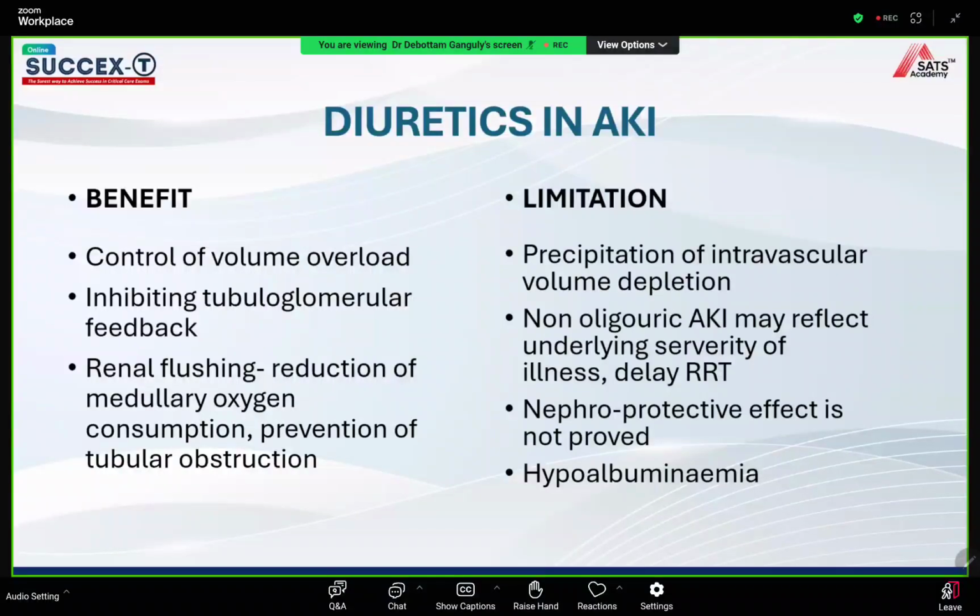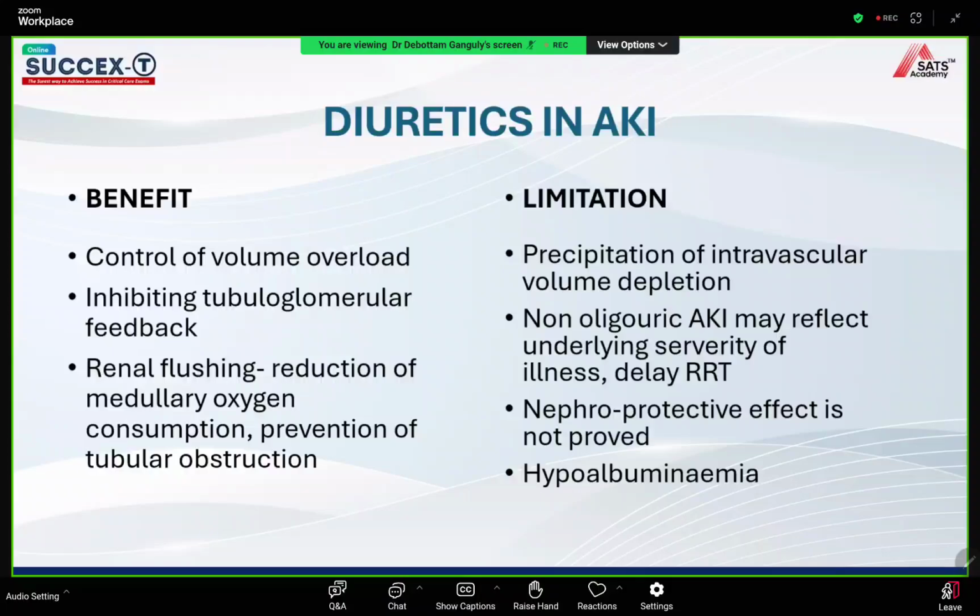Giving diuretics makes oliguric AKI non-oliguric AKI, but this may reflect the underlying severity of the illness and delay renal replacement therapy.